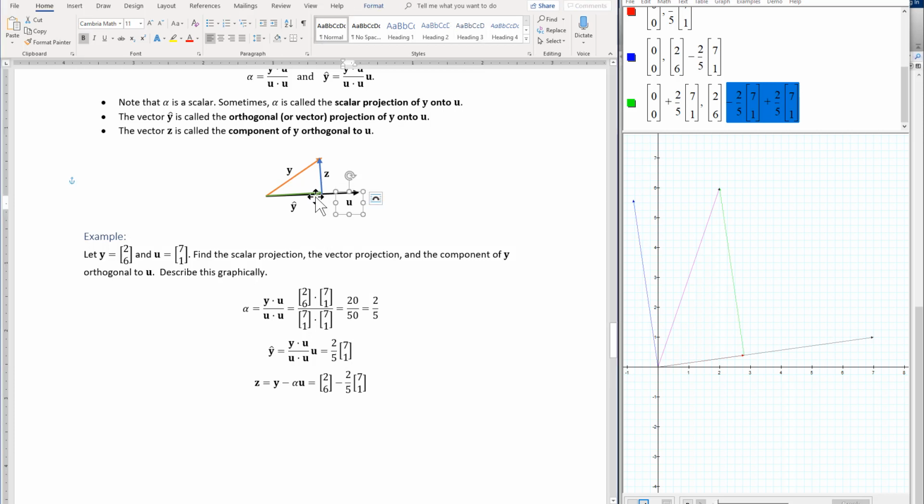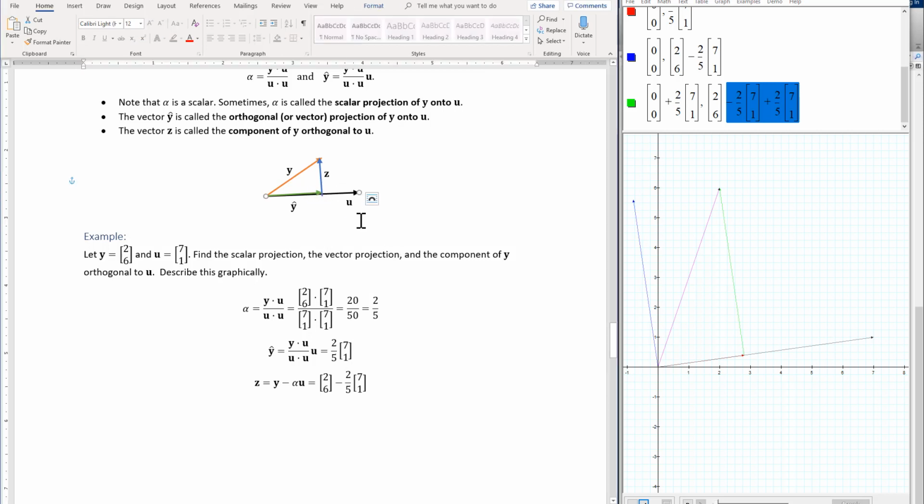If we had any other vector u, regardless of which way we go, how far we go, we can have it go the other way or whichever way, but in any case, we can see this y as a projection onto the subspace that's spanned by u.